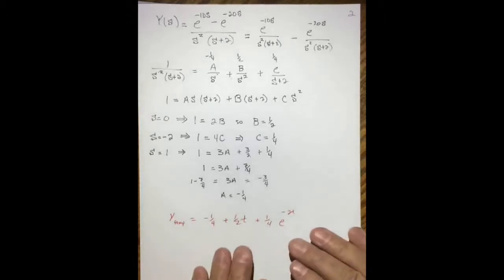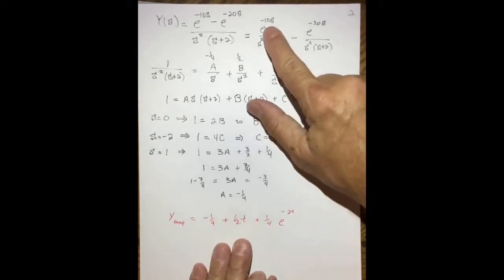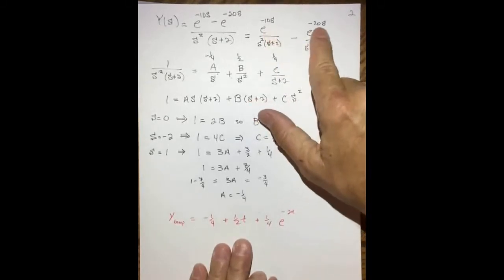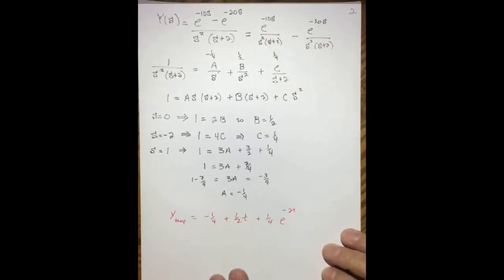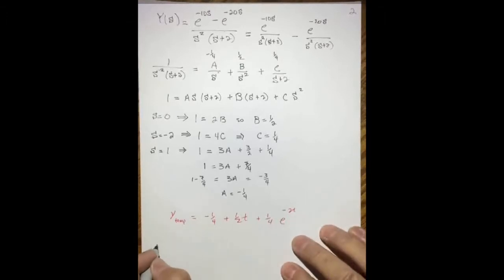But see, now this answer is going to be stepped at 10 and at 20. Does that make sense? So what's the final answer going to be? Well, it's going to be this.